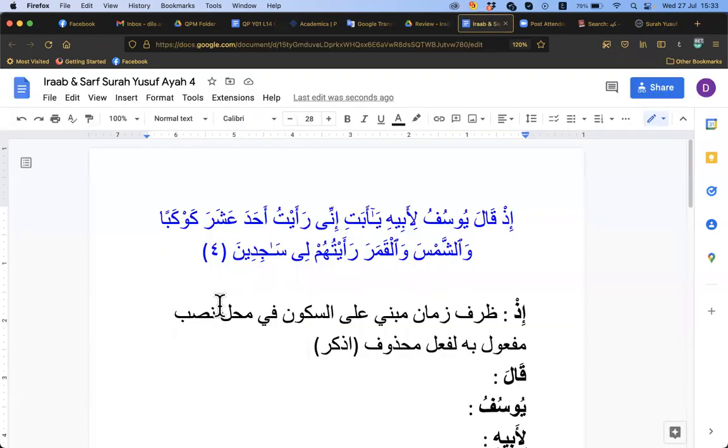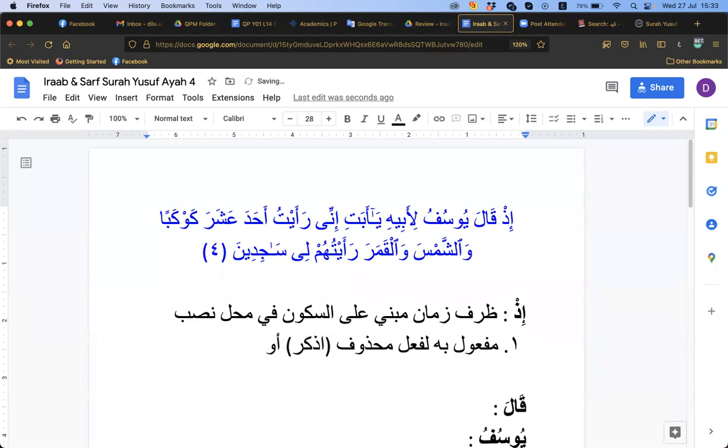It's the same fi mahalli. I never quite understood the badal system. Maybe you have to review it with us. Badal means what actually? Substitute, replacing. Number two is badal.